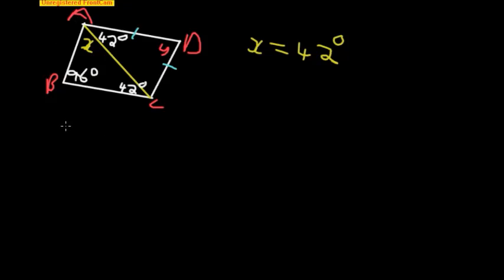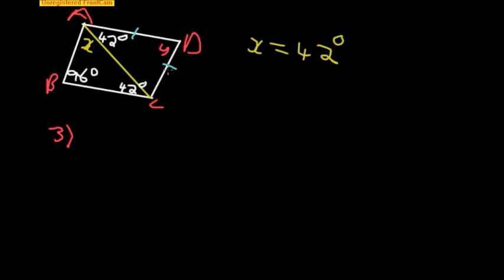Thirdly, we need to calculate with reasons the value for y. We see that for triangle ACD we have two sides that are equal in length. That means we will also have two angles that are equal.